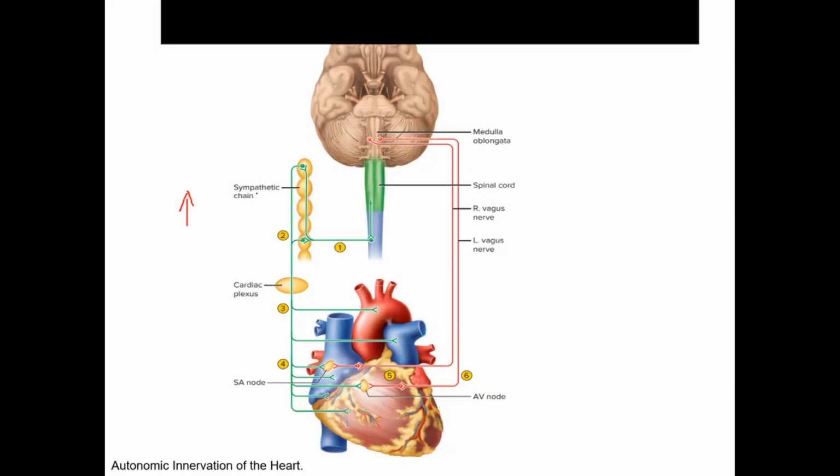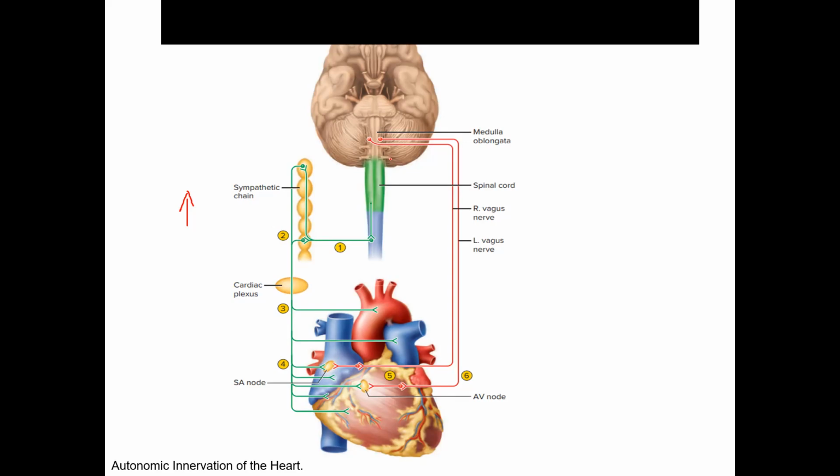Or when you need to run from a dog, you need more oxygen, and your heartbeat also increases. The signal from the eyes, you see the dog, goes to the cardiac center, and after these pathways, it goes to the SA node and AV node, and you start to run. You have this ability because your heart delivers more oxygen to your muscles.